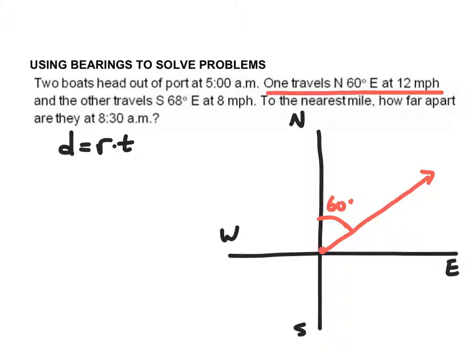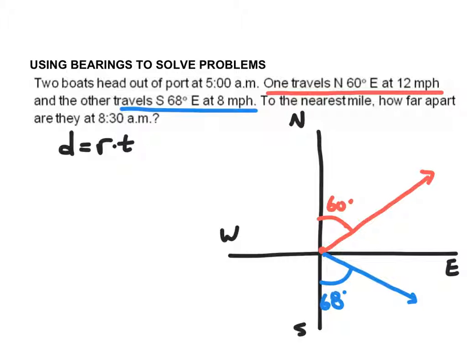The next one is south 68 degrees east at 8 miles per hour. Let's draw an angle going in this direction, and this is a 68-degree angle.